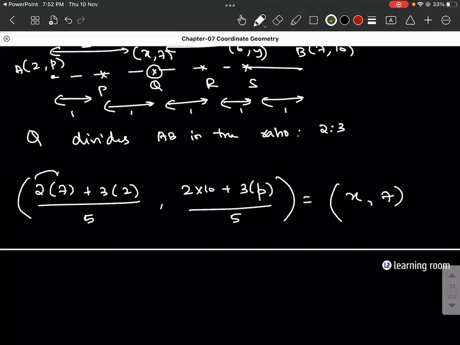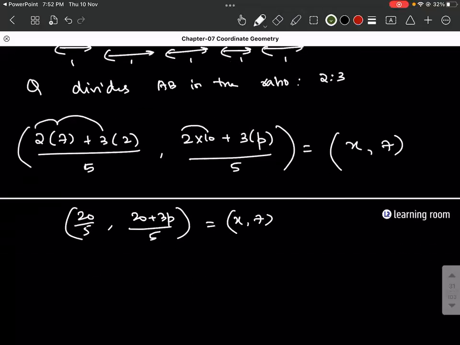So 14 plus 6, 20 by 5, comma 20 plus 3P by 5 is equal to (X, 7). So what is the value of X? X is 4. So 20 plus 3P is equal to 35, which implies 3P is equal to 15 and P will be equal to 5.